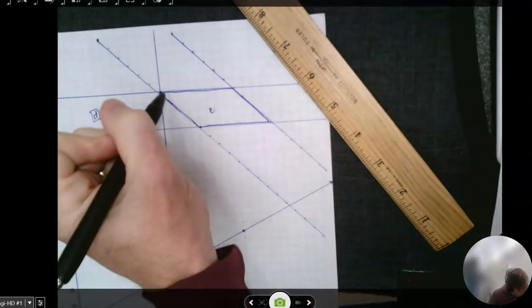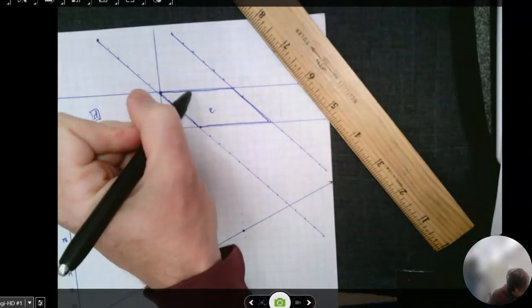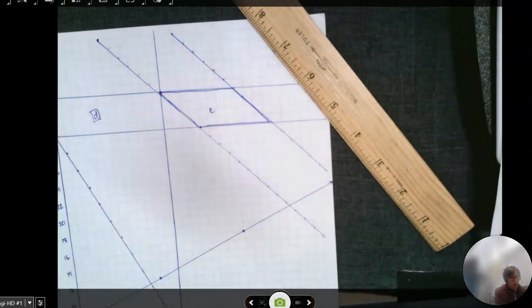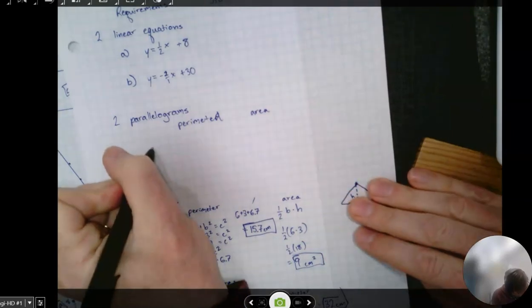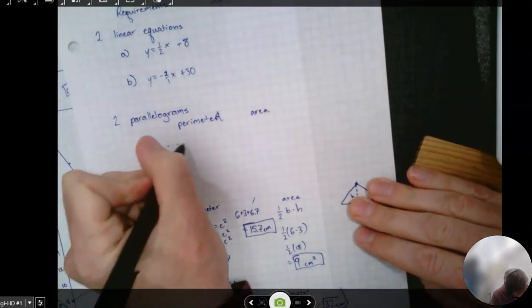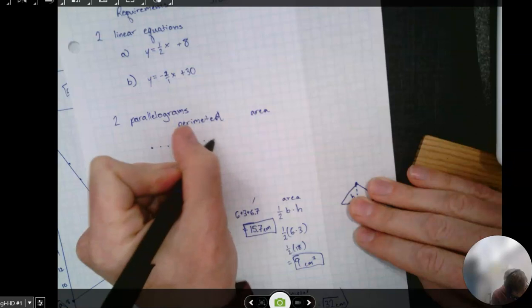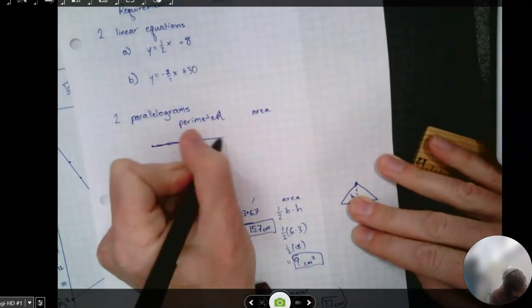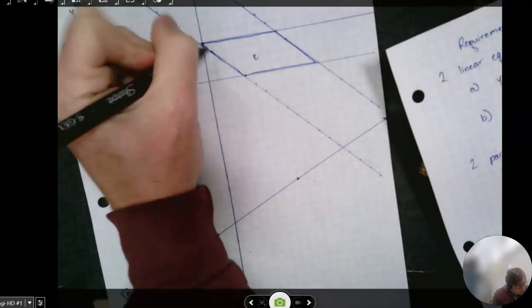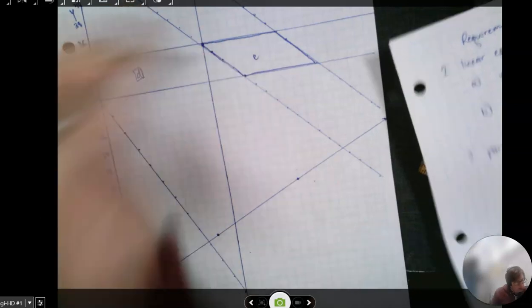So let me go ahead and count the sides. 1, 2, 3, 4, 5, 6, 7, 8. Okay, so that is 8. And I need to see how far down that went. So diagonally it went 1 diagonal, 2, 3, 4.